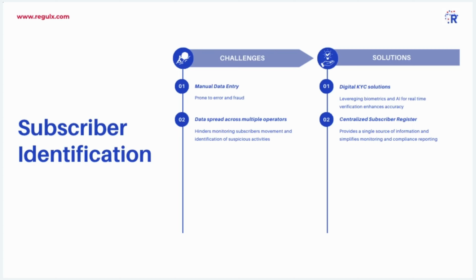For example, there are countries that don't allow their subscribers to have more than 3 SIM cards. How to check that if all the data is spread across all of the different operators? The solution is to have a centralized subscriber register, a unique place where you can have information about the subscribers and the devices they use.